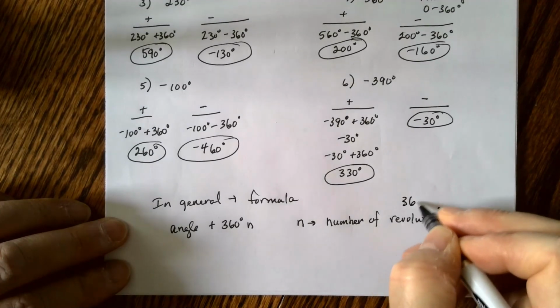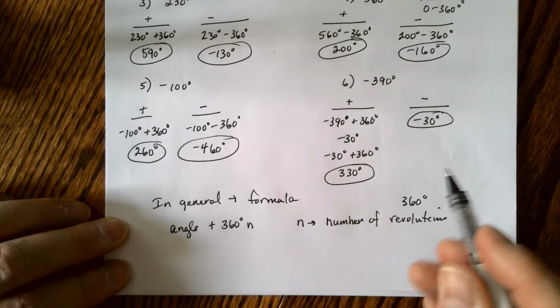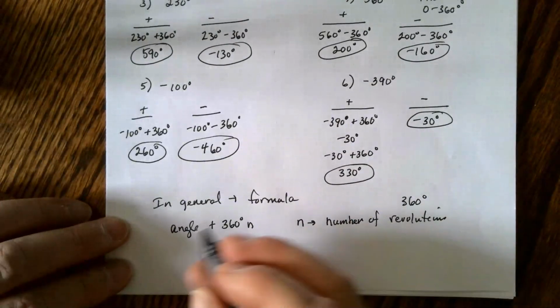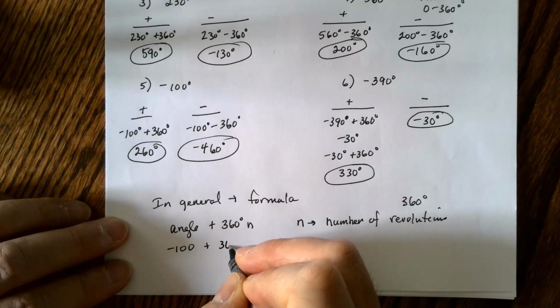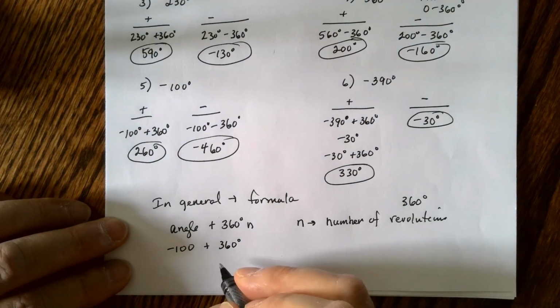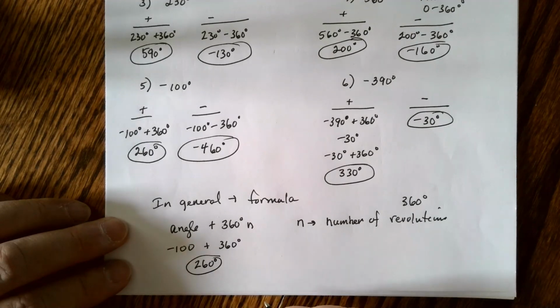It equals 360 degrees. So if, for example, I take negative 100 degrees and plug that in as my angle, and add 360 to it, I'm going to end up with 260 degrees. So that is a coterminal angle.